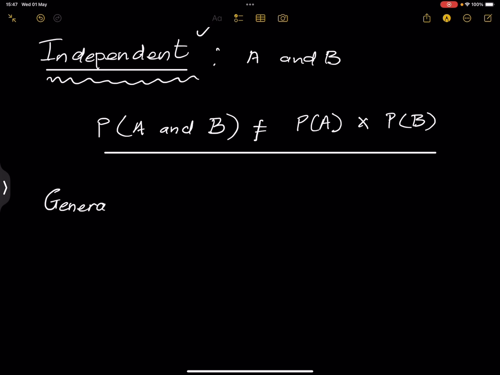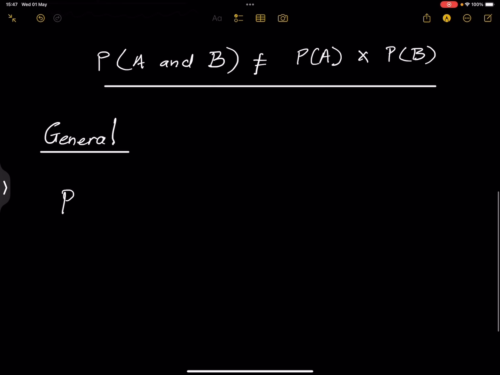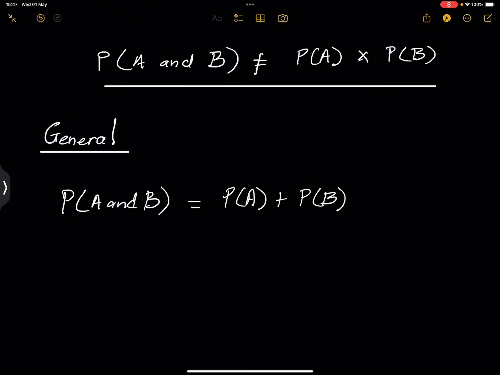So the general rule of probability, what does it say? Well, you're given this formula. It says the probability of A and B taking place will be equal to the probability of A plus the probability of B minus the probability of A or B.